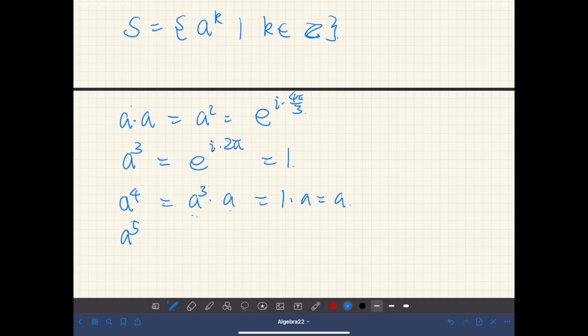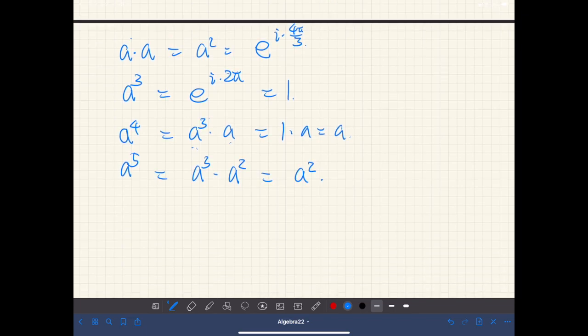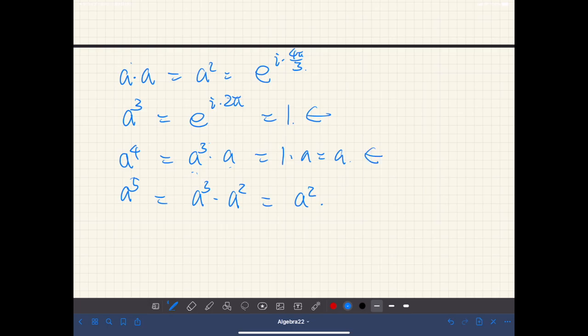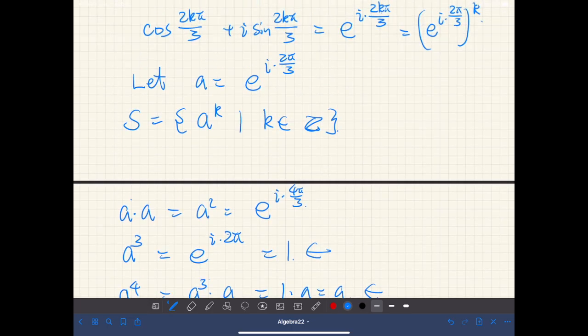And a to the power of 5 is equal to a squared. So there are only 3 distinct elements in this set: 1, a, and a squared.